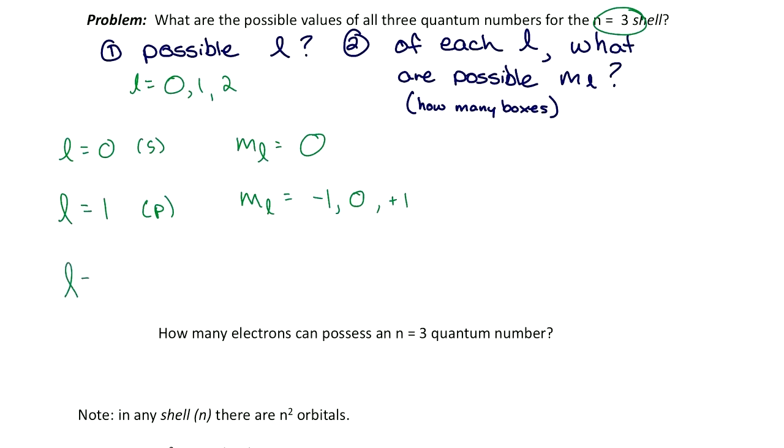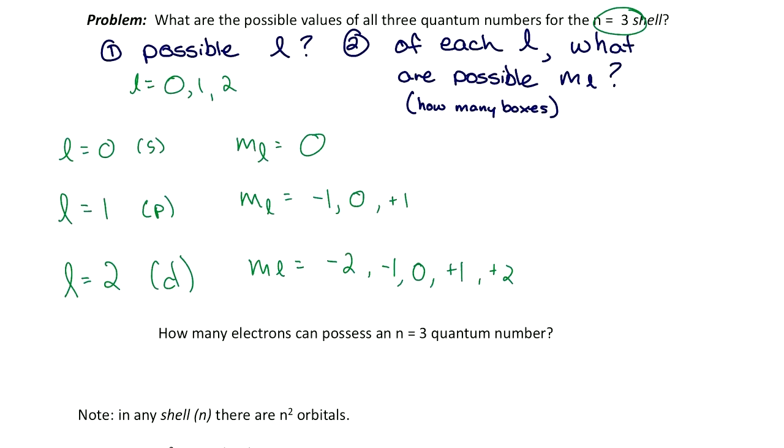And then we do the same thing, L of 2. This is a d orbital. Possible orientations I can have are -2, -1, 0, +1, +2. So each of these numbers within our MLs, that's an orbital. That tells me how many boxes I need in that subshell.